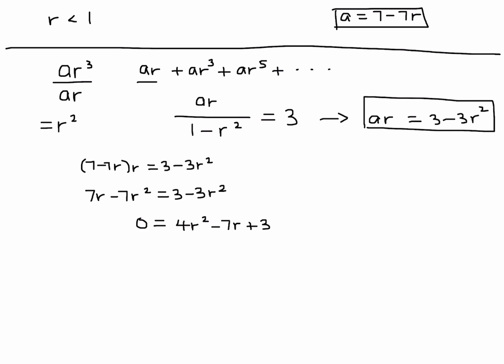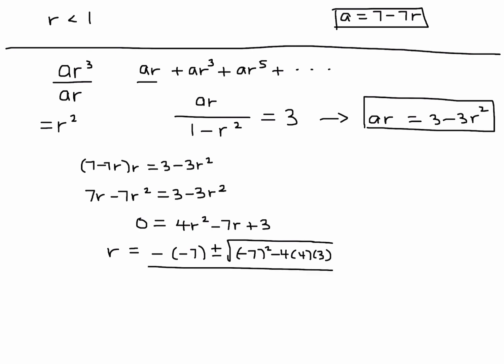And there's no obvious factors for this as far as I can see, so I'll just use the quadratic formula. Shouldn't take that long. Minus b plus or minus square root of b squared minus 4ac all over 2a. And that gives me minus 7 plus or minus square root of 49 minus 4 times 4 times 3, 16 times 3, that's 48.